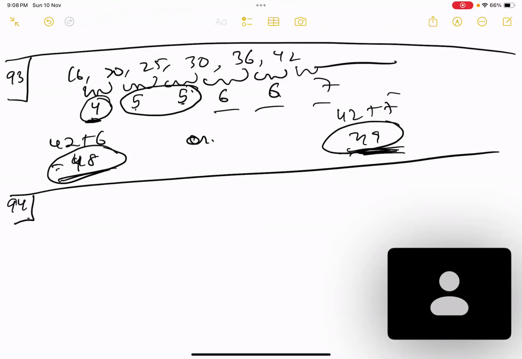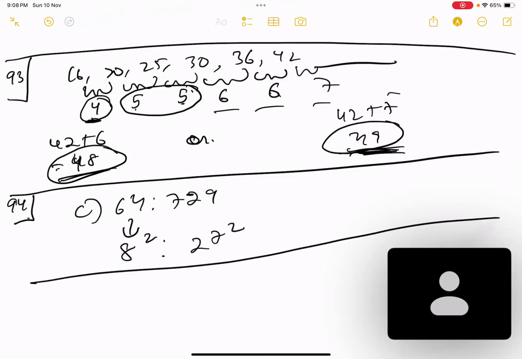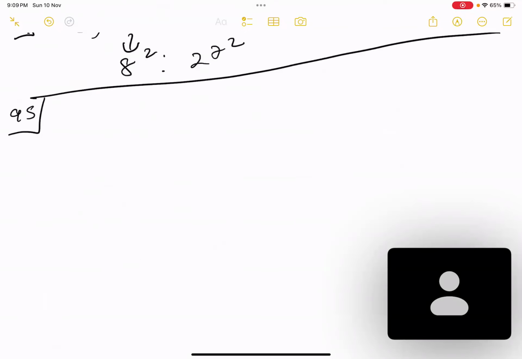If you see option C, we have 64 and 729. 64 is the square of 8 and 729 is the square of 27. So the answer is C. The other two are not square numbers. So the answer is C.